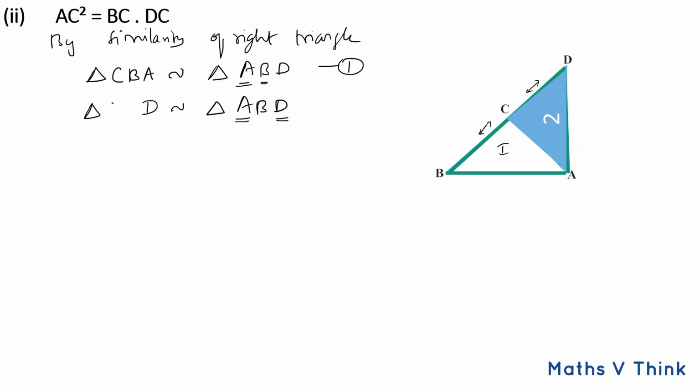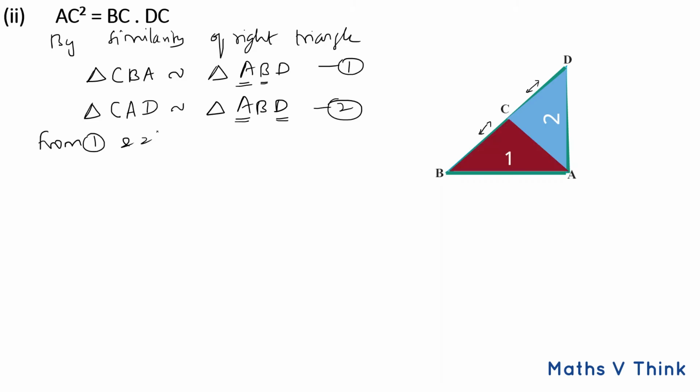So in place of angle A, I'll be writing angle C, and the remaining one is A. So triangle CAD is similar to triangle ABD. So let this be 2. So from 1 and 2, can I tell triangle CBA is similar to triangle CAD?